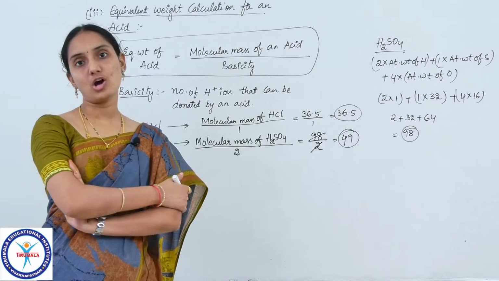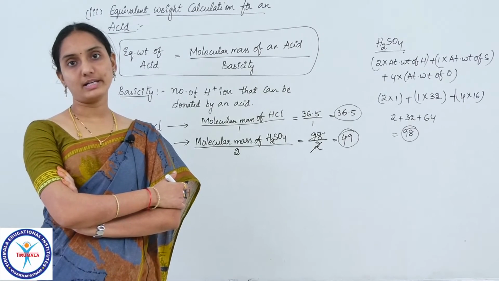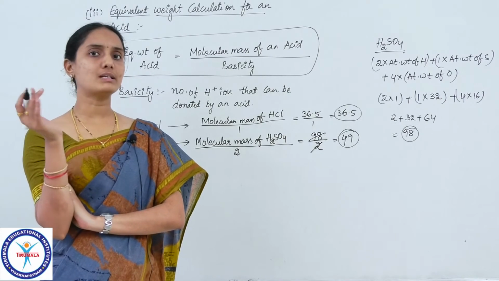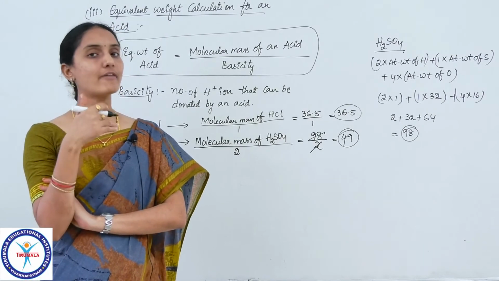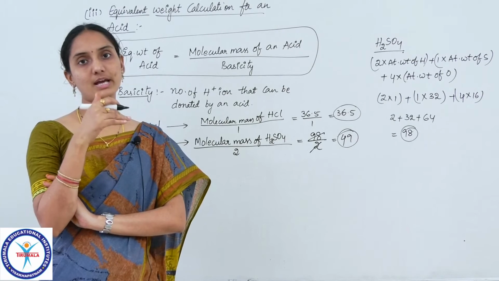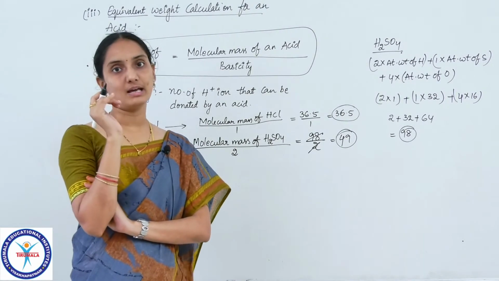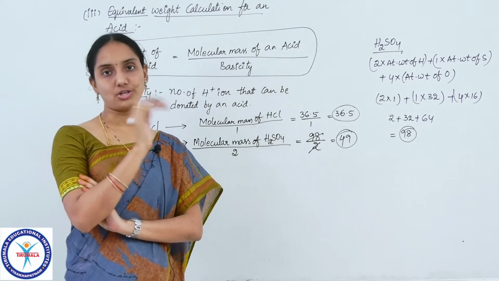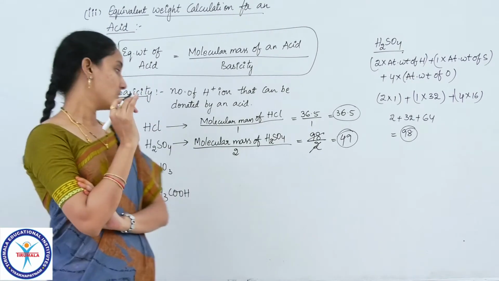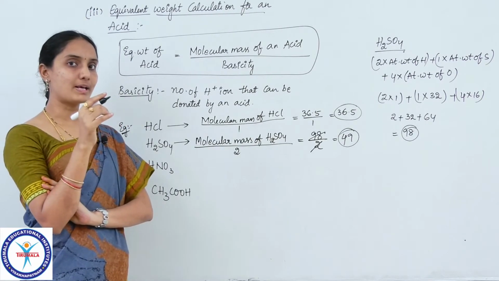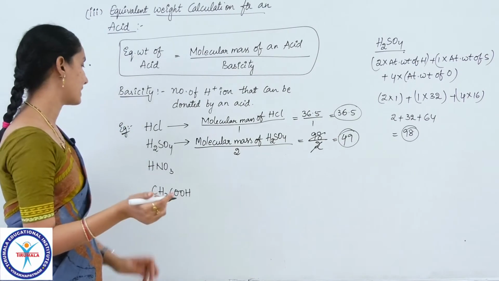The acid may be left with some acidic hydrogen still even after the reaction. In such a case, consider how many H plus ions have been donated in that particular reaction. So keep it in mind. I will explain some examples of that kind of problems later.